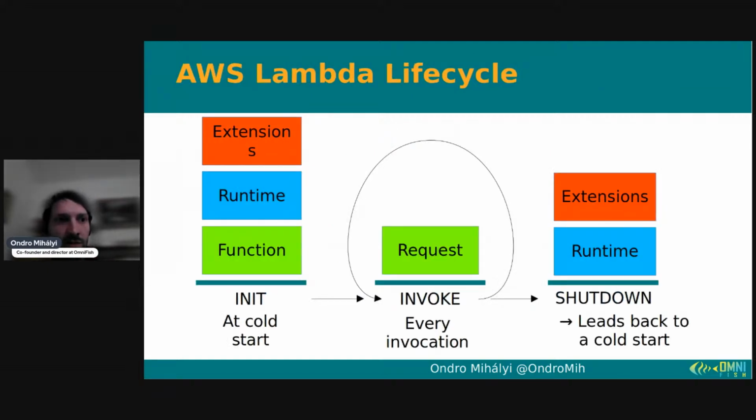The actual AWS Lambda invocation has a certain life cycle. I will be talking about AWS Lambda, which is one of the examples of serverless functions. It's how the AWS cloud implements serverless functions, as the AWS Lambda service. Other cloud providers have their own implementations which work very similarly to AWS Lambda.